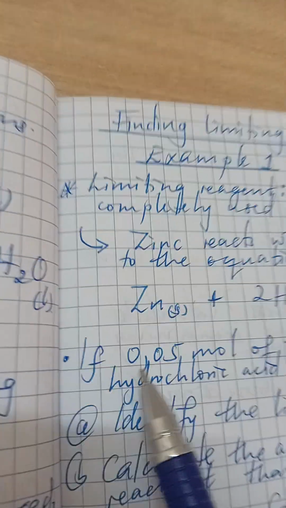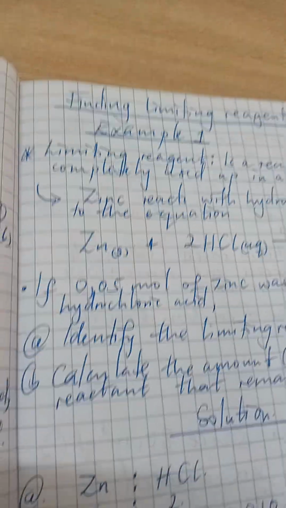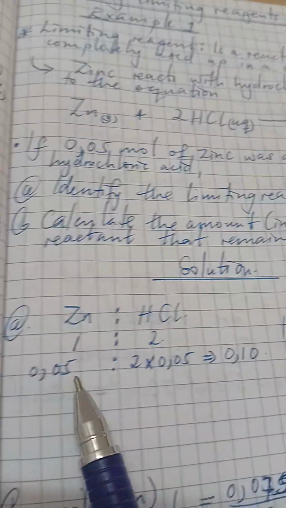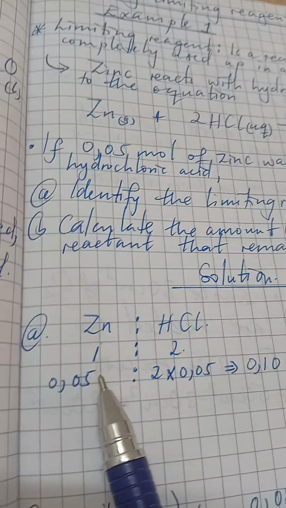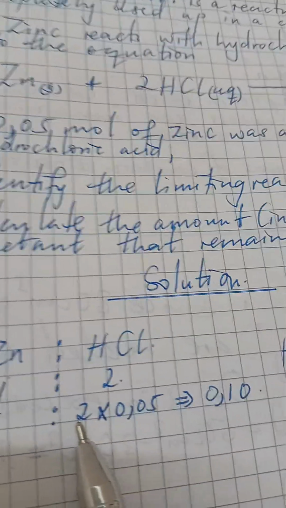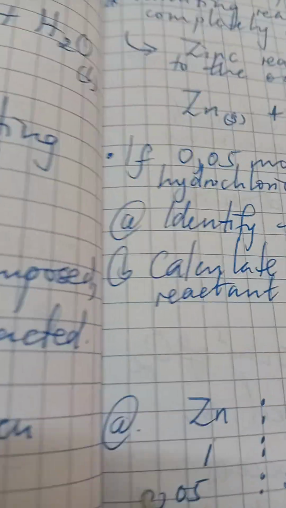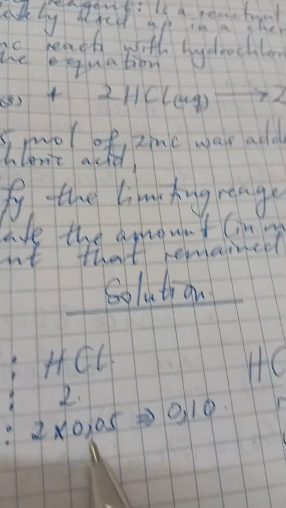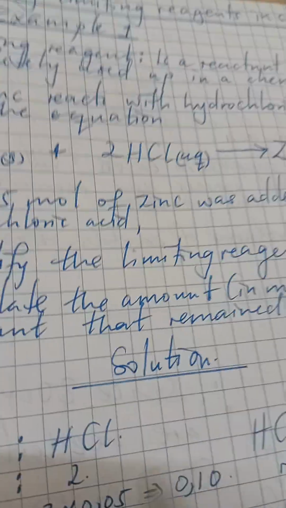So we are saying 0.05 mol of zinc was added. So here we have this 0.05. So for complete reaction, we need 2 multiplied by 0.05, because when we place 0.05, we need to times by 2 here. So it will be 0.10 moles of hydrochloric acid.